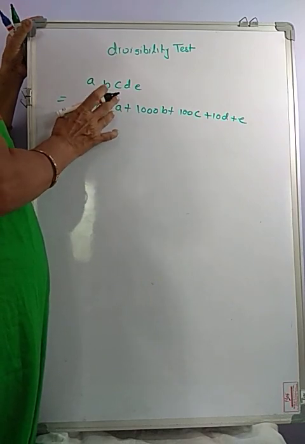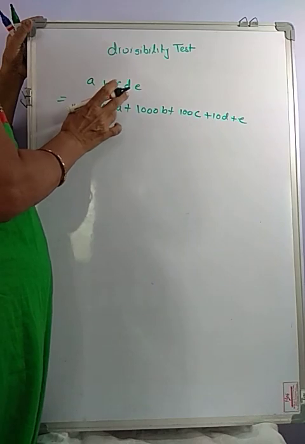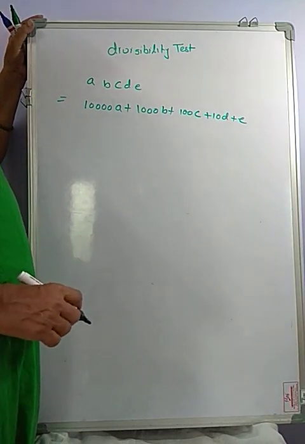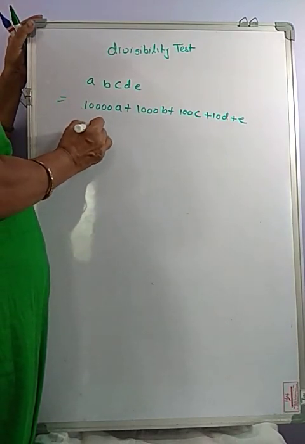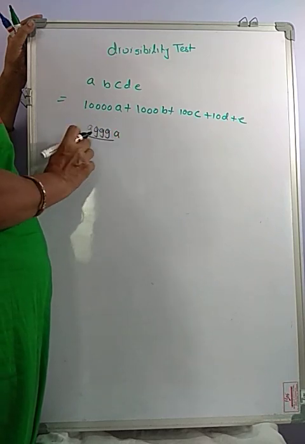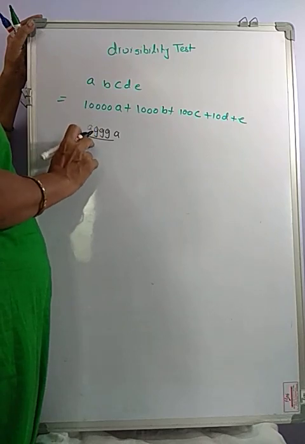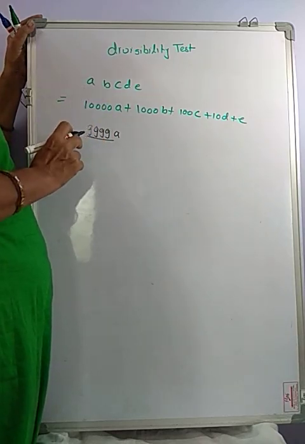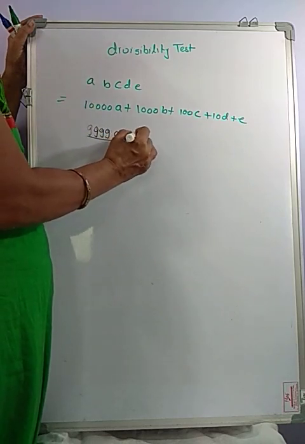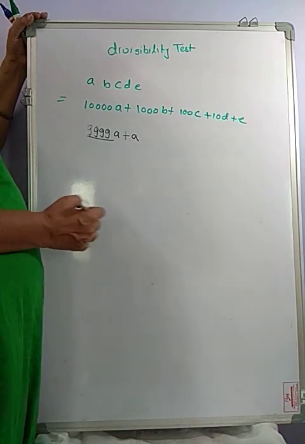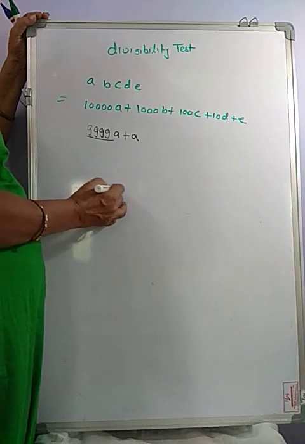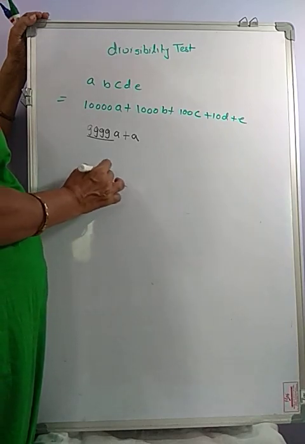We will find the nearest number to 10,000 or 1000 which is divisible by 11. For 10,000, 9999A. This 9999 is divisible by 11, since 11 nines are 99. So it is split as 9999A plus A. But 1000 minus 1, that is 999, is not divisible by 11.